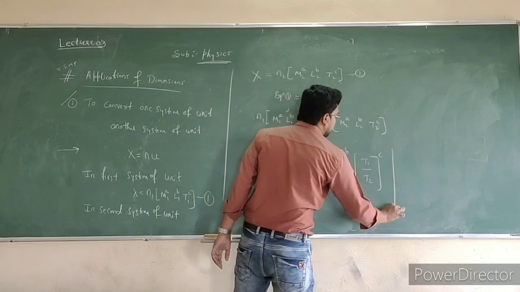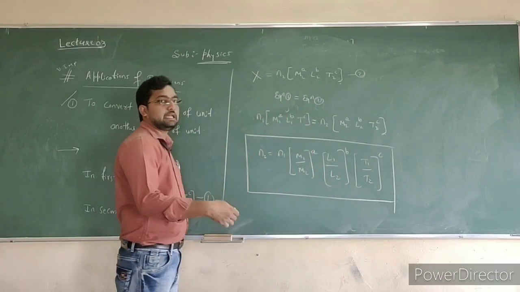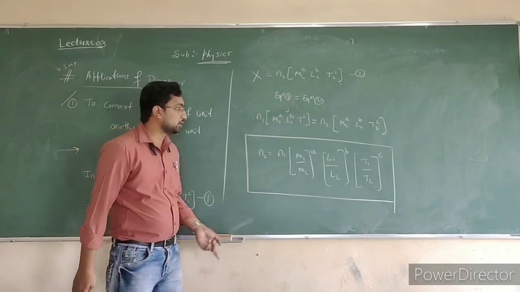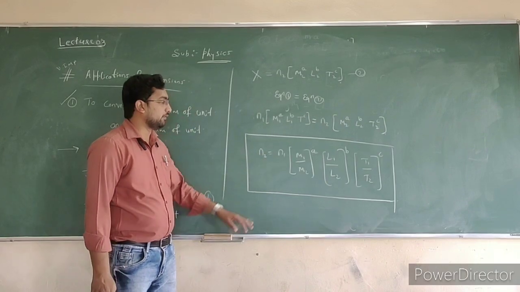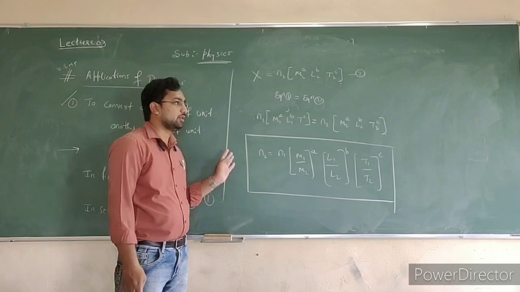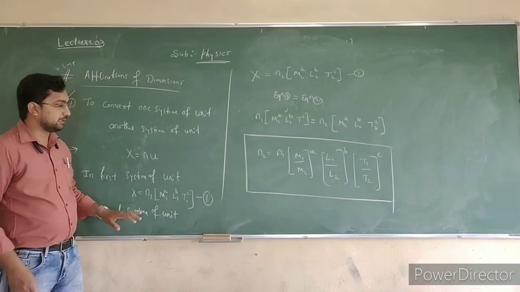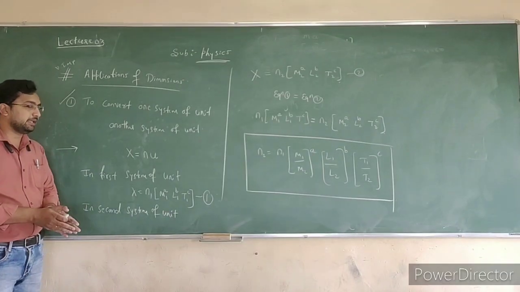So this is the expression we use to convert one system of unit to another system of unit. If we know the n1 value, we can easily convert one system of unit to another system of unit. Okay, this is the first application.